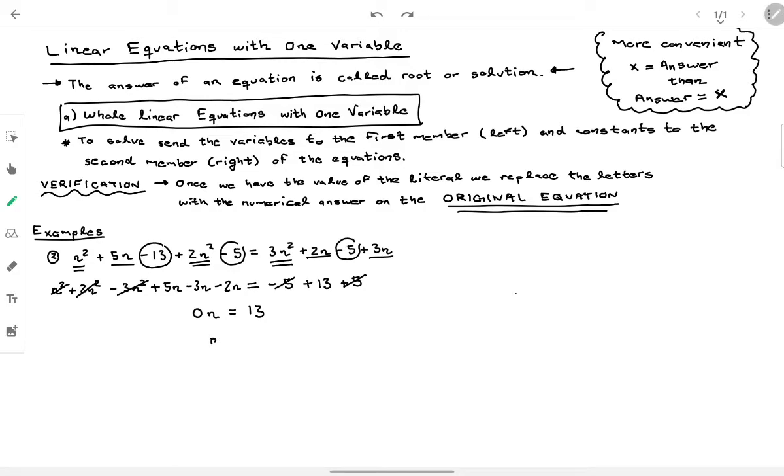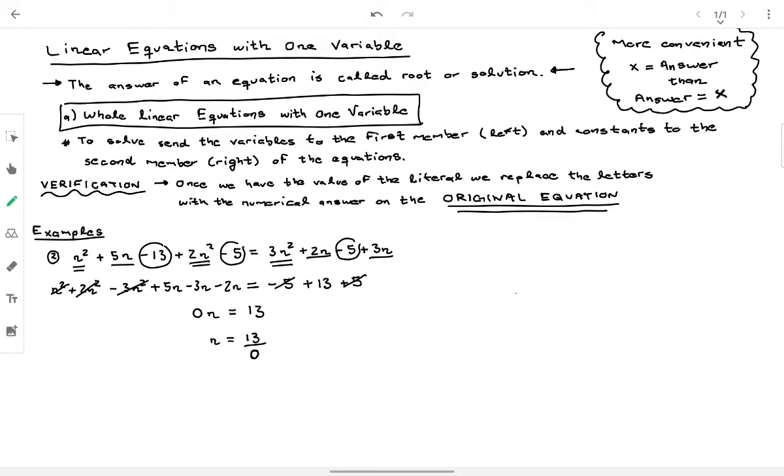Also, if 0 is multiplying the n, we could send it dividing, but the division by 0 is not possible. So what do we do in this case?